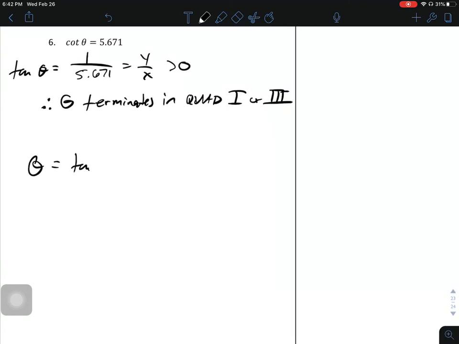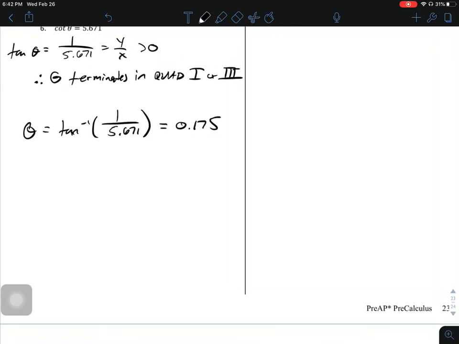Theta is going to be tangent inverse of 1 over 5.671. Put that in your calculator. I believe it's going to give us 0.175. That is one of our answers because that's between 0 and 2 pi.